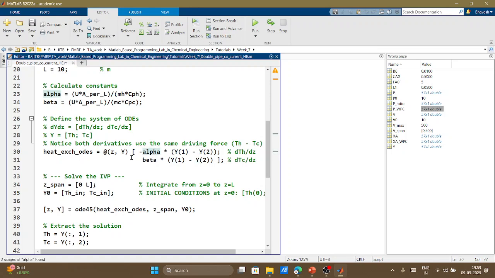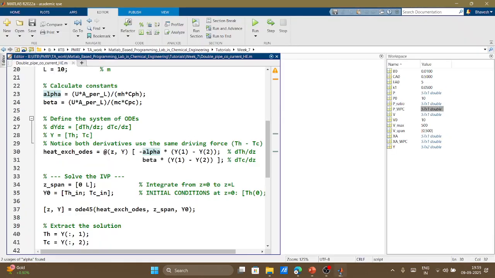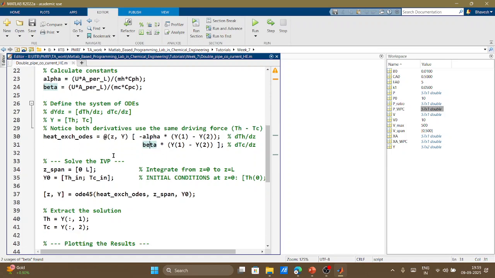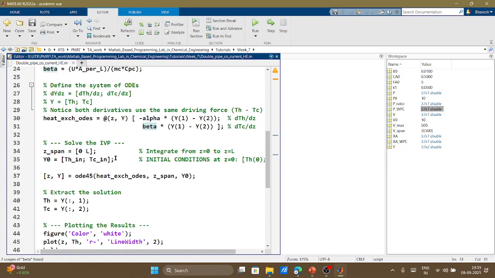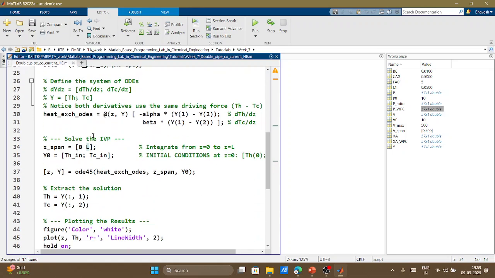And for that, the only thing you need is the Th minus Tc value. So y1 represents Th, y2 represents Tc, and the alpha and beta constants are given. This creates your ODE function, right? Now to solve the ODE problem, your span is from 0 to L. Your L is 10 meters, which is the heat exchanger length, right?